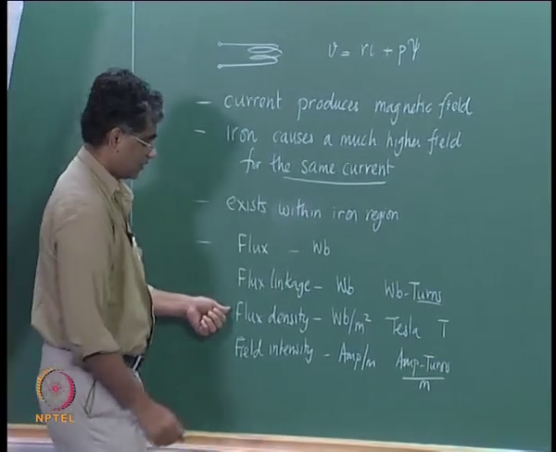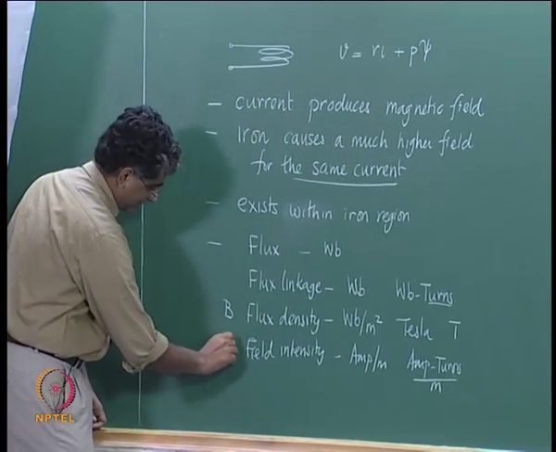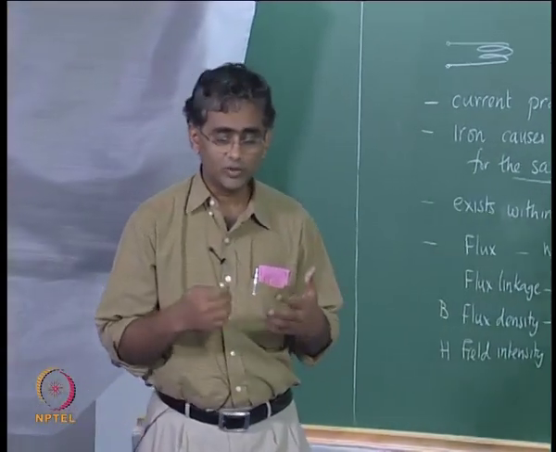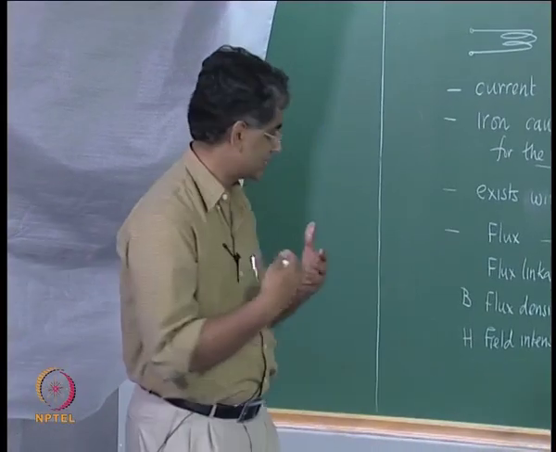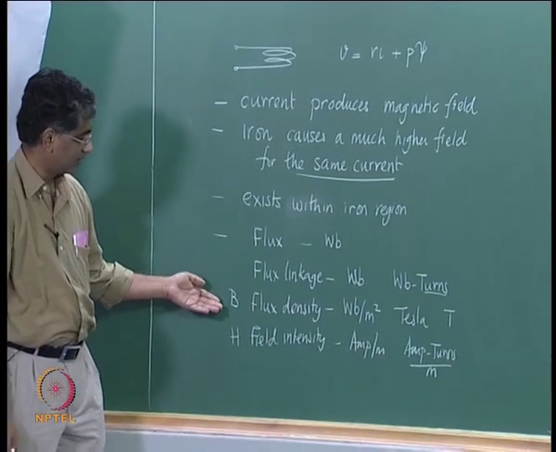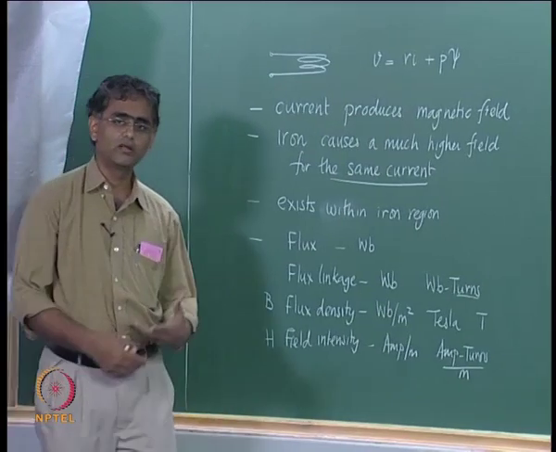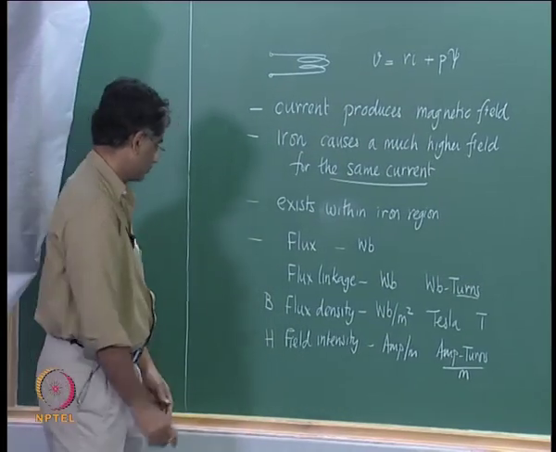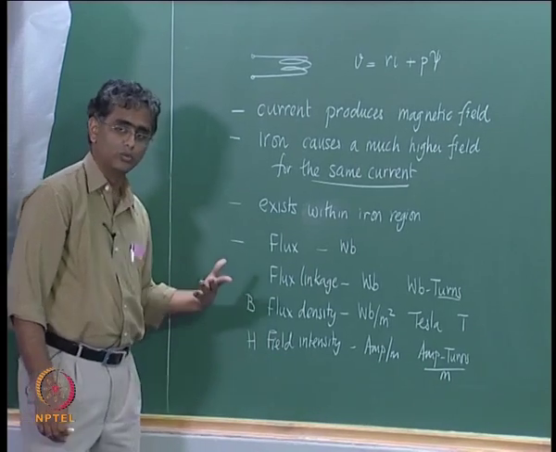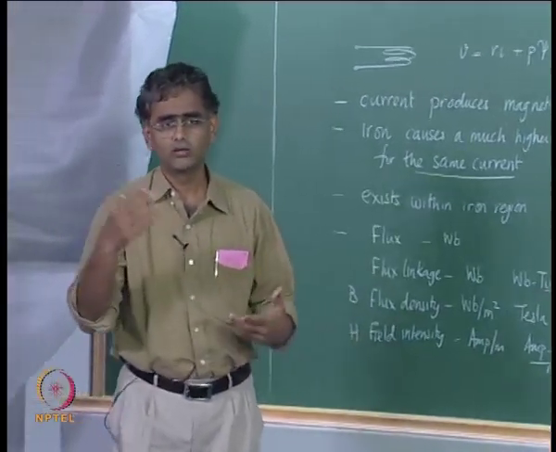So, flux density is given the symbol B, and the field intensity is given the symbol H. These are some of the terms by which you assess and describe the field. And we know from our elementary physics that B and H for a given material are interrelated in some way. You normally say BH loop, right. So, B and H are interrelated by generally a nonlinear shape.